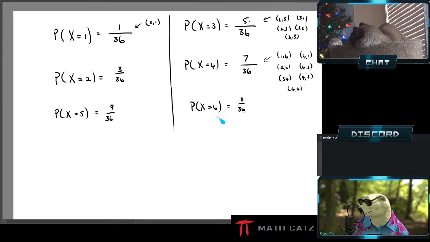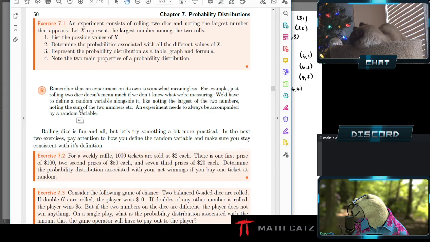Okay, it's good. So now, for example, I forgot to look at what we're actually doing. I just used this setting to do everything we need. List all the possible values of x. Check, we did that. Determine the probabilities associated with all the different values of x. Check, we did that.